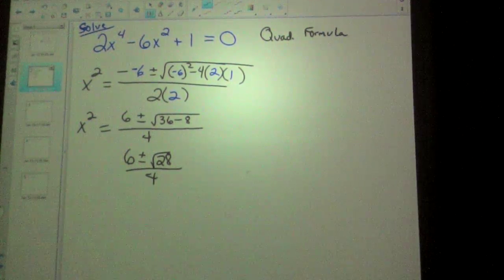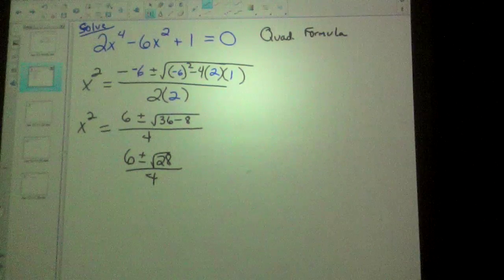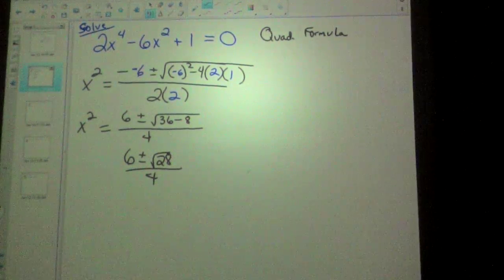What do you mean? Like x to the 6th, x to the 3rd? Then it wouldn't fit the quadratic formula model. All right.